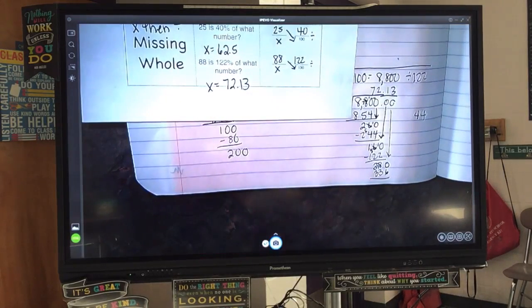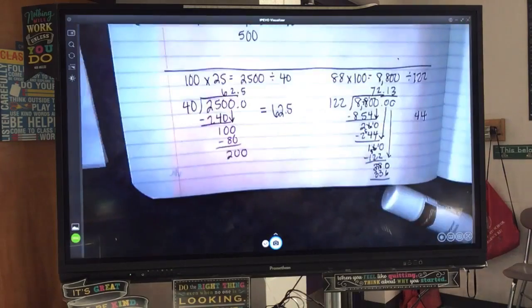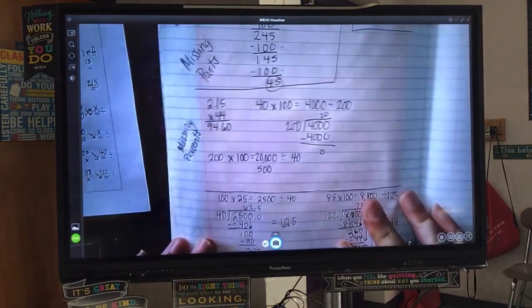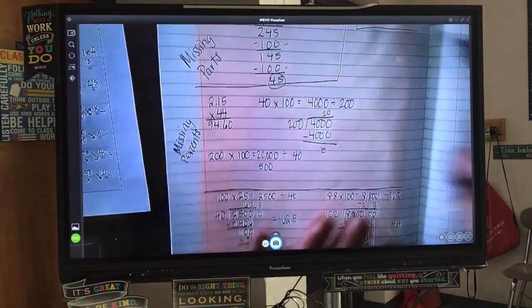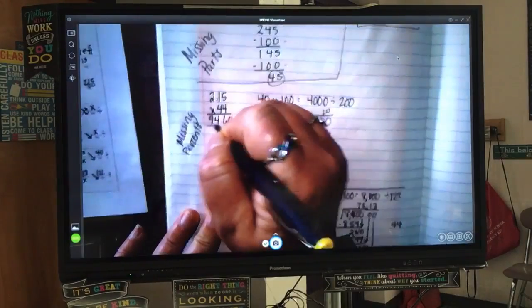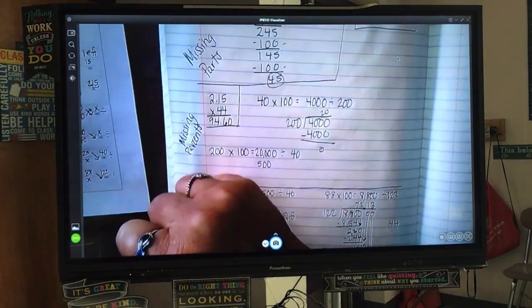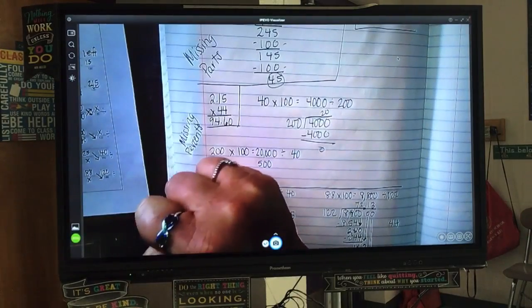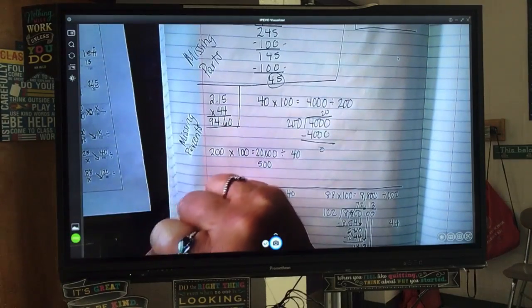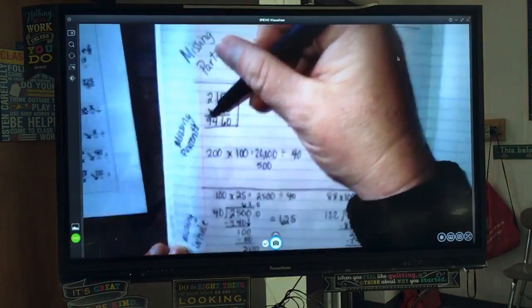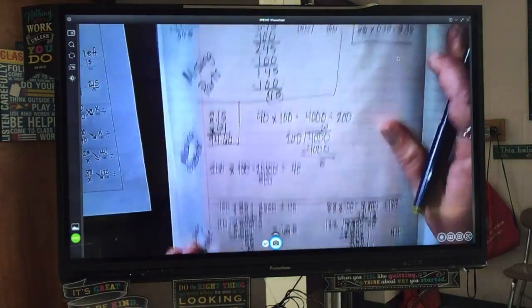Alright, you're gonna glue this in kind of weird today, so please look how you're gonna glue it in. Also, make sure that on the side of your paper, you have your work for each problem. Alright, so this work from here to there is your missing part.